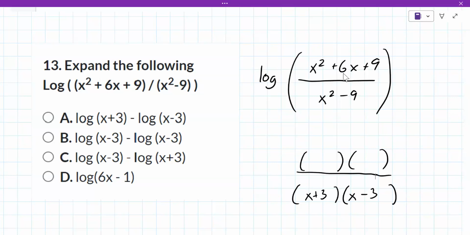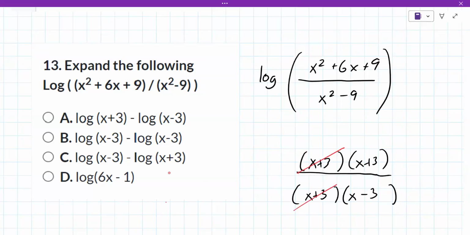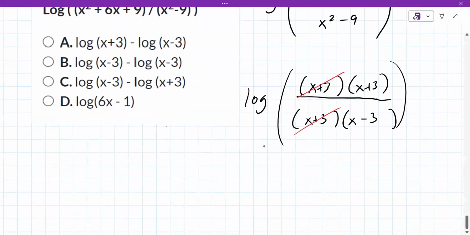So x plus 3 and x plus 3. Do you see any cancellations? The x plus 3. Good. We're down to log of x plus 3 over x minus 3, but notice our answer is not there.